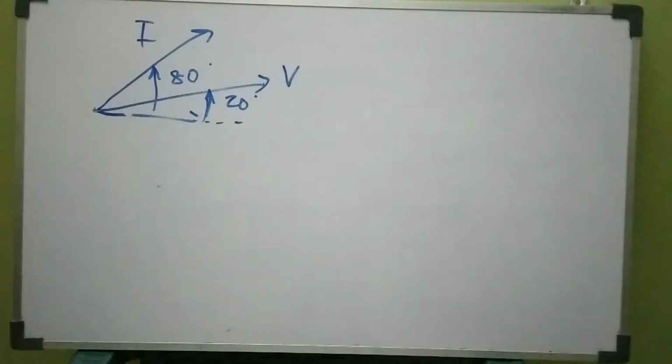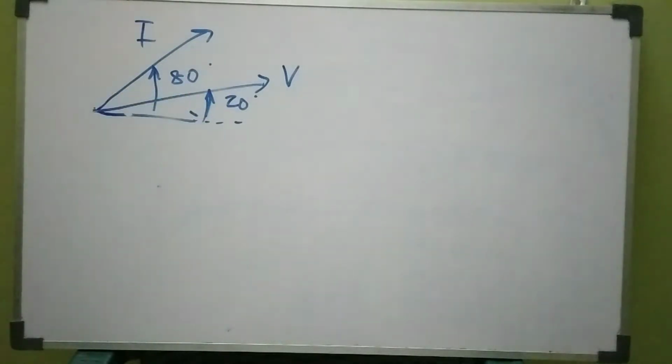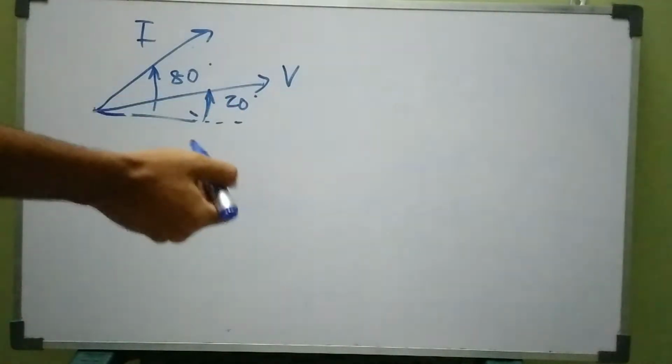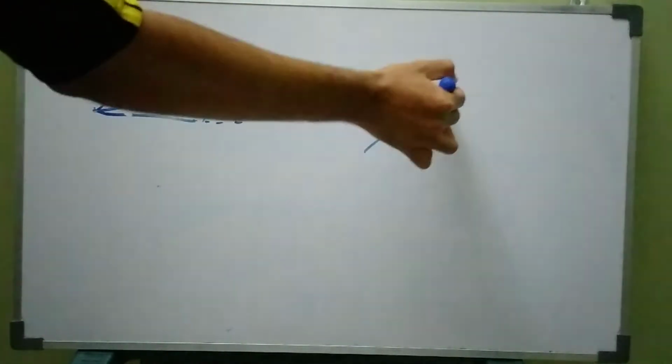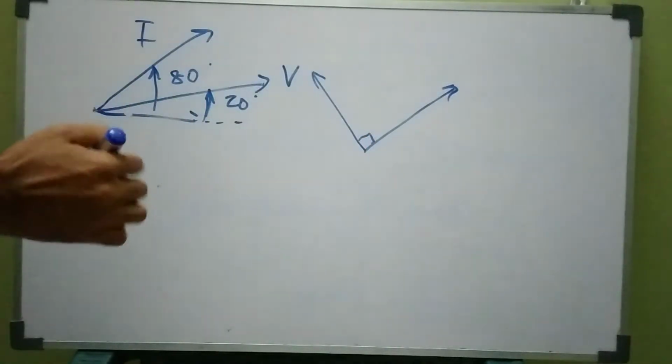However, there might be some doubts whether we can tell that there is a resistor inside this circuit. However, we all know that if there is only an inductor or capacitor, the current would be in this 90 degree direction.